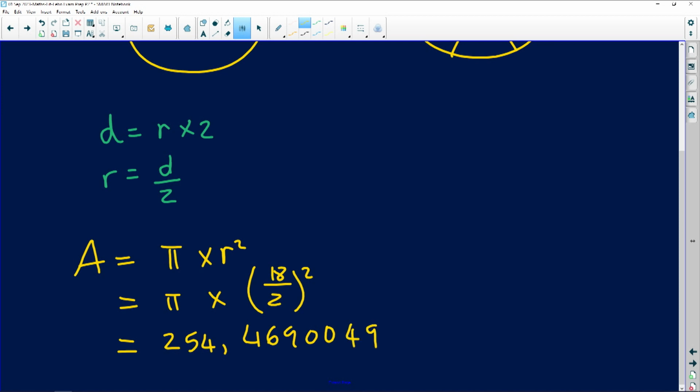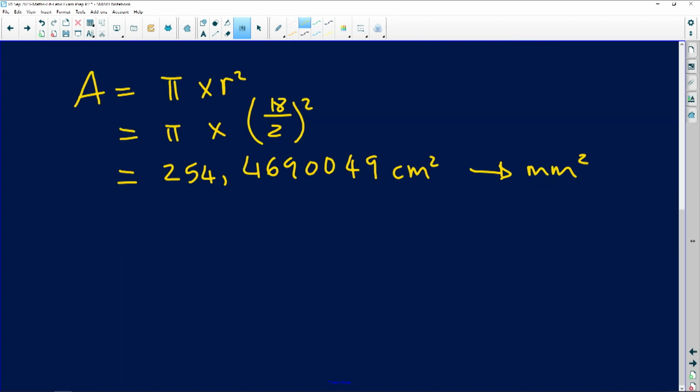So this would be in centimeters square. But then I remember I need to convert it to millimeter square. How do I do that? It's something that you can be very confused about in an exam.